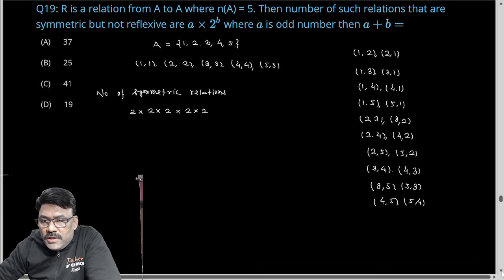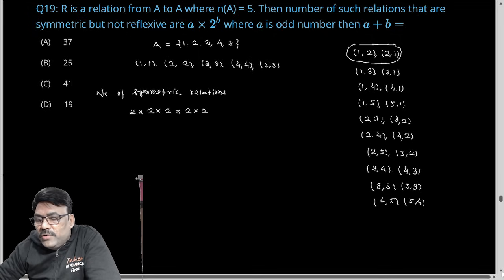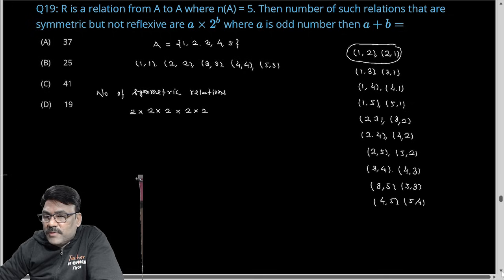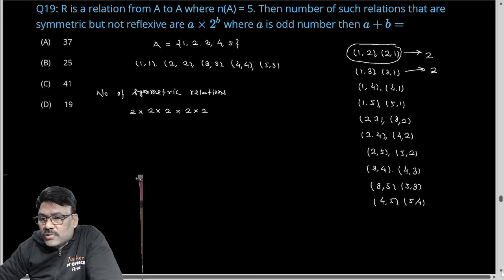Now here, either you will take both these or you will leave both. If you take 1 comma 2, then you have to take 2 comma 1 also for a symmetric relation, or you should leave both. You cannot take exactly one of these two. So for each of these you have two options, take both or reject both.